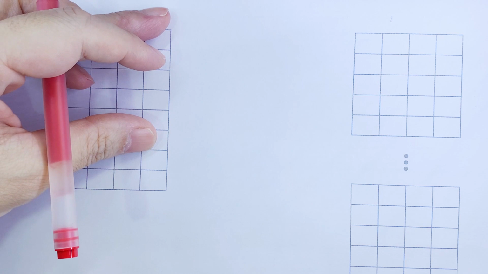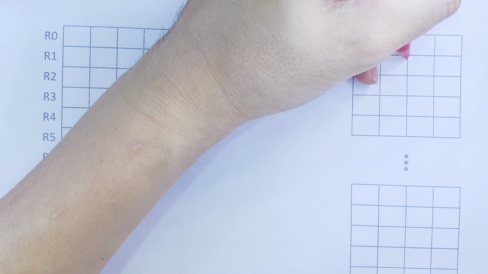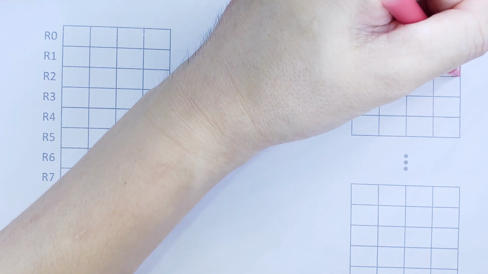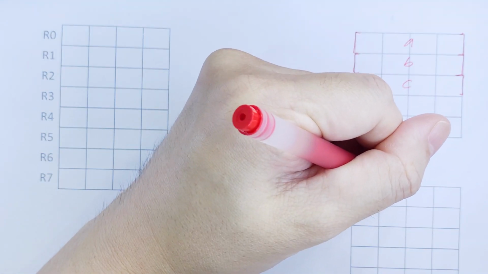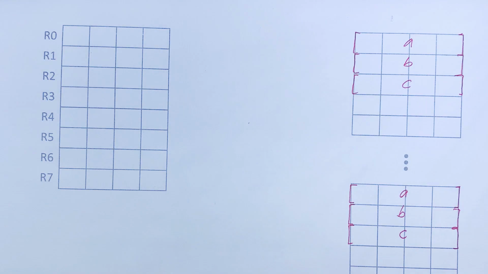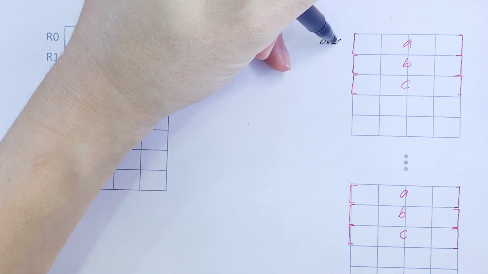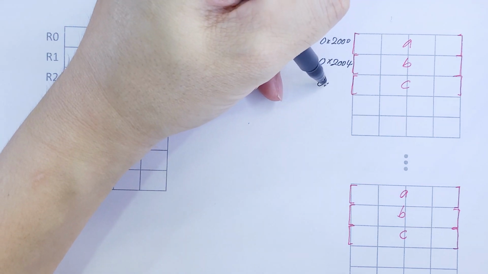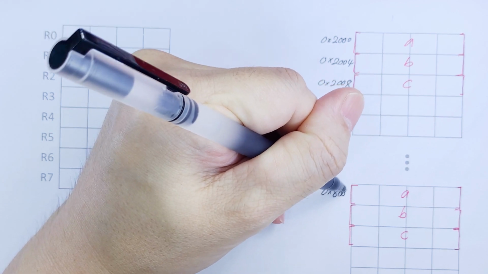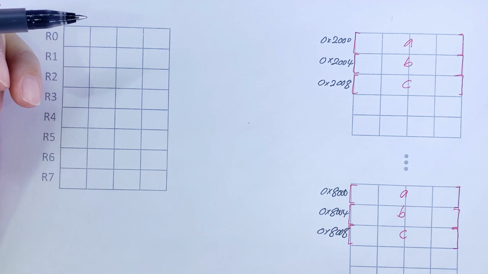Now let's redo our exercise from our previous video, where you need to copy the values from a memory, which is ABC, and duplicate them to a new location. So assuming the addresses were 2000, 2004, and 2008, and we have to move them to 8000, 8004, and finally 8008.